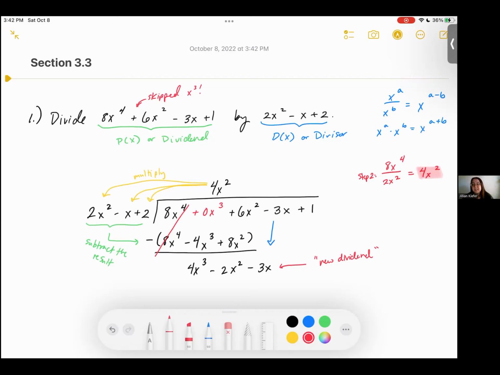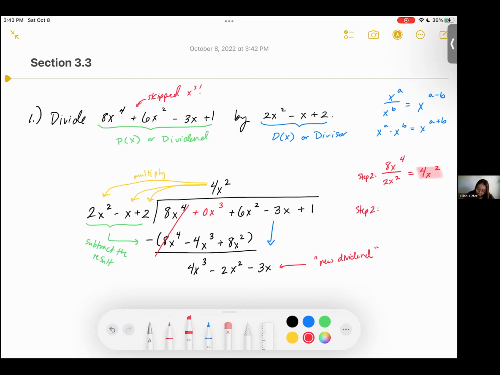So our new dividend is not a lower power than the divisor, so we repeat all of the steps that we just made. So we get to do it all again. So we've got 4x to the power of 3 minus 2x squared minus 3x. Starting once again, we're going to resume from step 2. So this is another step 2.